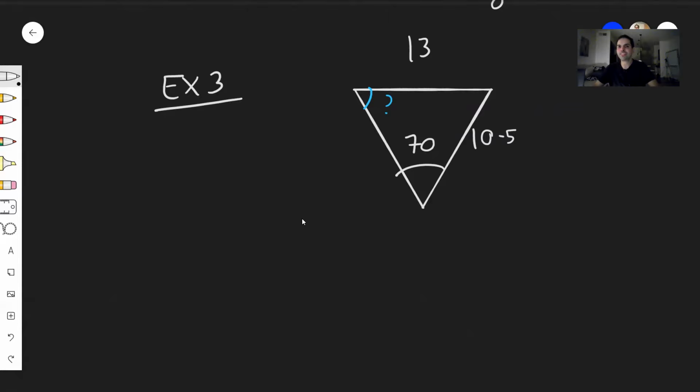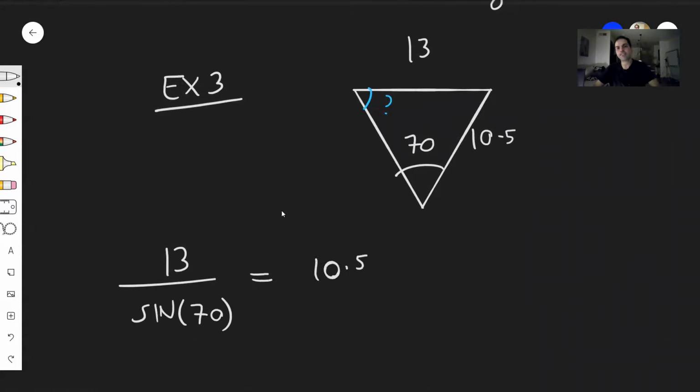It's almost like billiards. This over this equals this over this. So again, opposite over sine of angle. So 13 over sine of 70 equals 10.5 over sine of this angle, question mark.